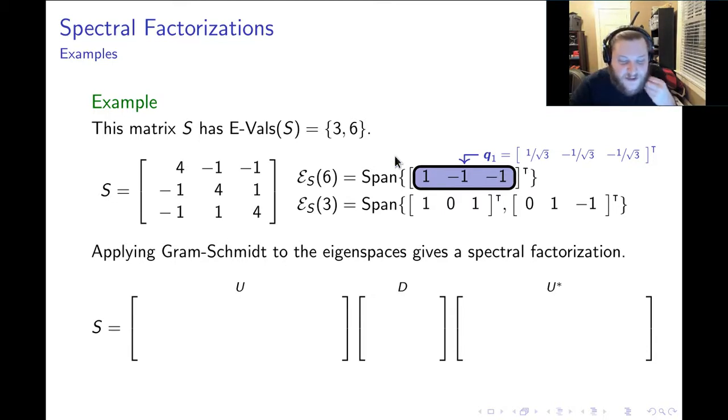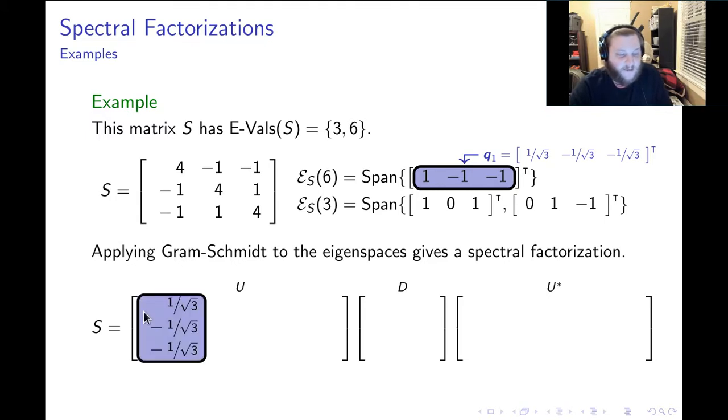So the normalization of (1, -1, -1) is that vector divided by its own length, which is √3 in this case. So Q1, which would pop out of the Gram-Schmidt process, would be (1/√3, -1/√3, -1/√3). Okay, so that is our first normalized basis vector for our first eigenspace.